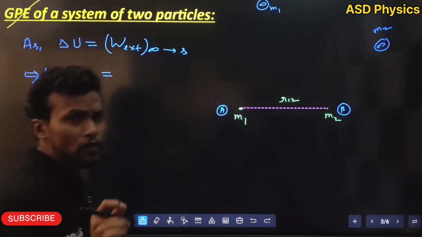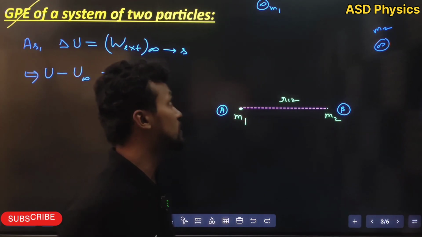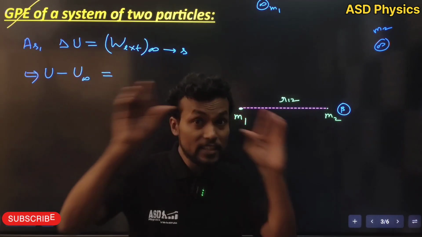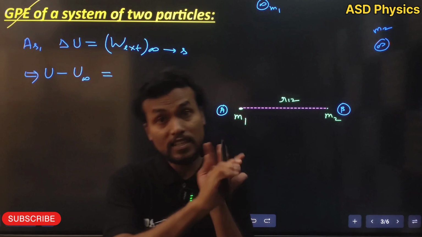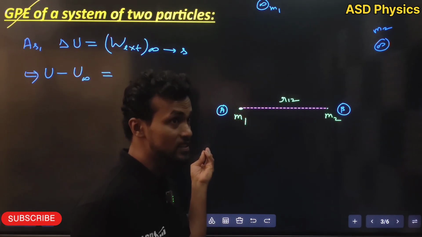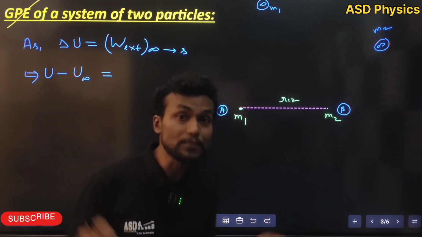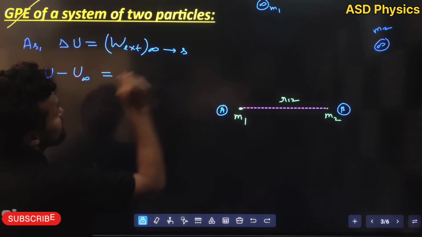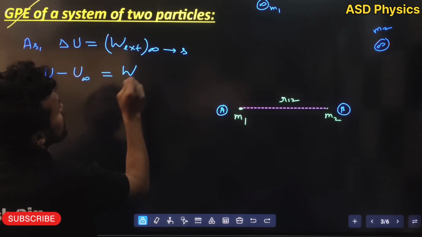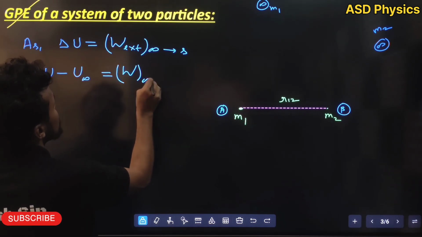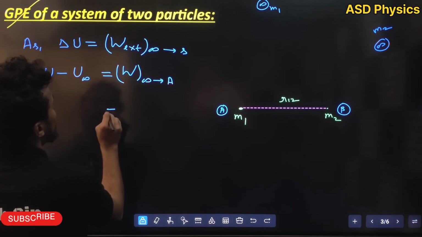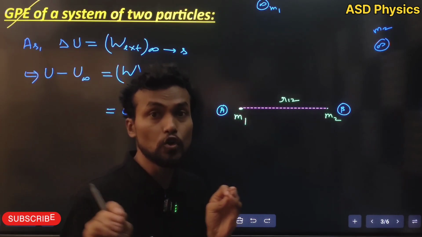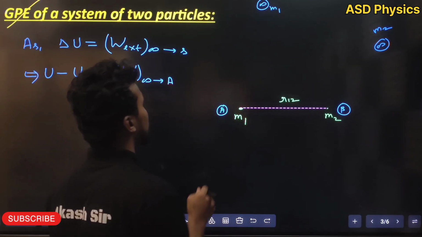When the first mass comes from infinity to point A, there is no gravitational field, because there is no initial mass; only the first mass is coming, in the absence of any gravitational field. That means there will not be any work done. That's why no work is done to take the mass from infinity to point A.